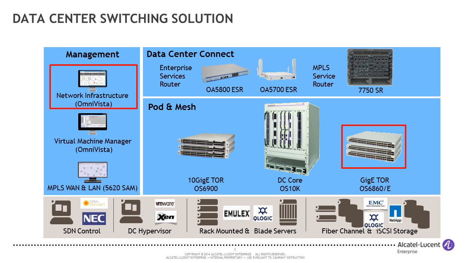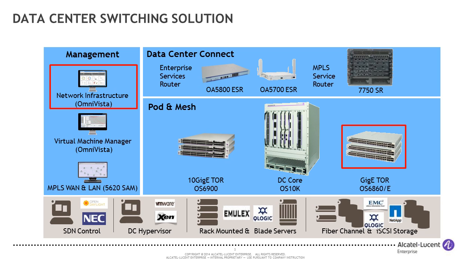The 6860 can be used as a top of rack switch in this architecture, and it has GigE capabilities. That's complemented by the OmniSwitch 6900, which has 10 GigE capabilities in the same top of rack application. Again, the OmniVista plays heavily into this solution.